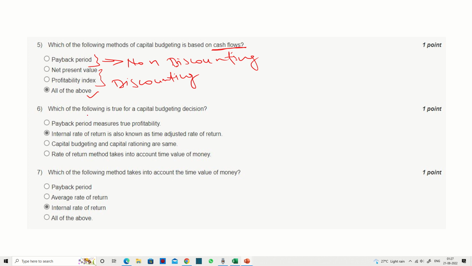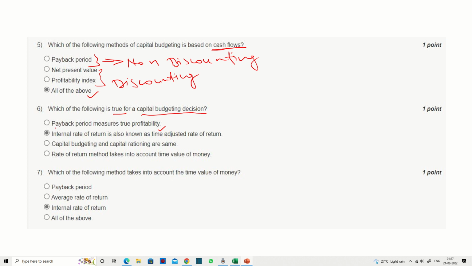Question number 6. Which of the following is true for capital budgeting decision? Payback period measures true profitability. No. Net profit margin measures true profitability.